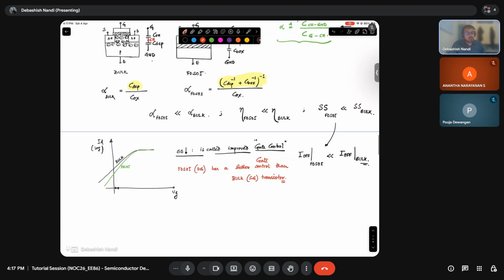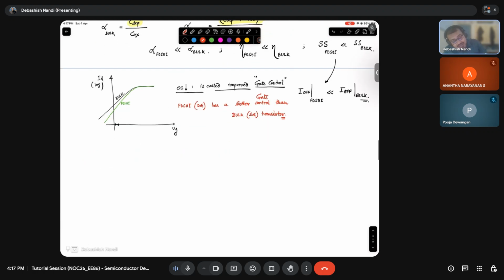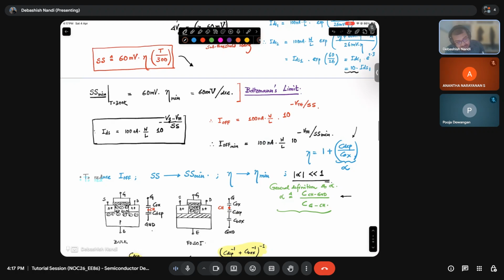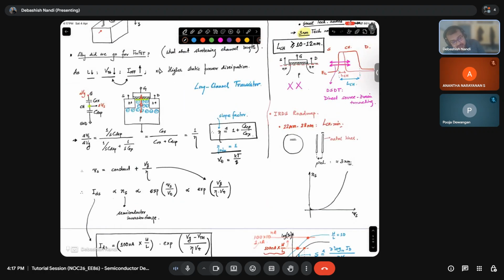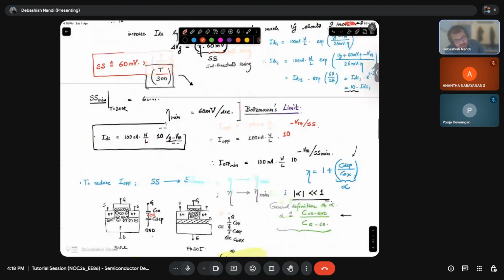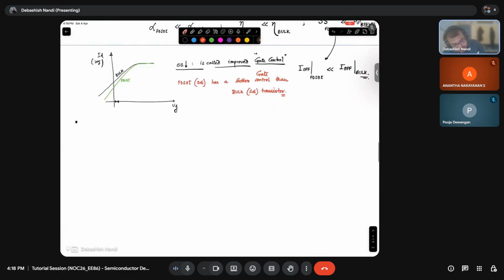Okay. So that is one thing. Now another thing to consider: what we have discussed so far is this part. But why is this happening? So next question is, if channel length is lower, VTH is lowered. Why does this happen?